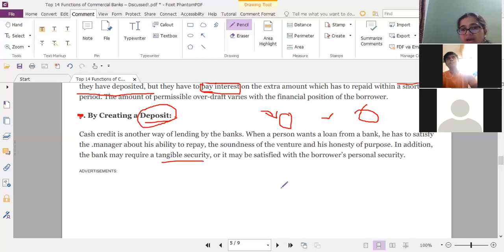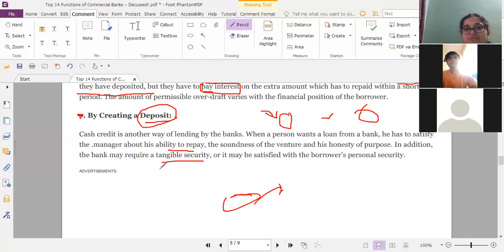Whenever you ask bank for loan, bank will give you loan only when you provide them some ability to repay. You make the manager satisfied that yes, I can repay this loan. I have some security, say you have a house or property or a business, through which I will be able to give you back this loan, right?